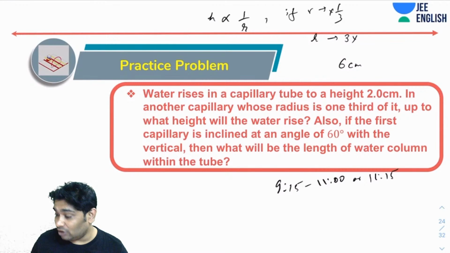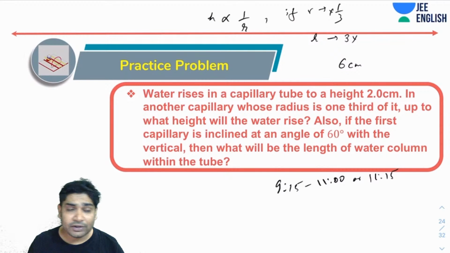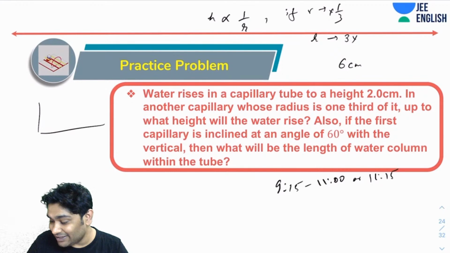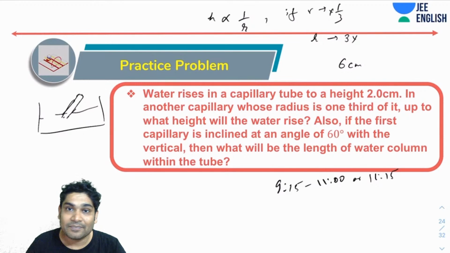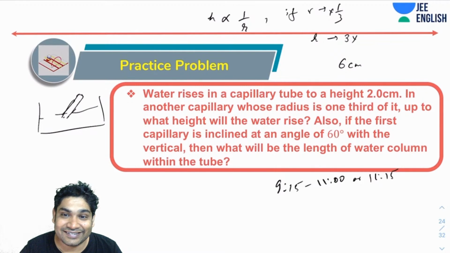Okay, so let's solve this. So what do you think happens when you incline the capillary? What do you think happens then? If your capillary gets inclined like this, what happens then? No, that is not the correct answer.